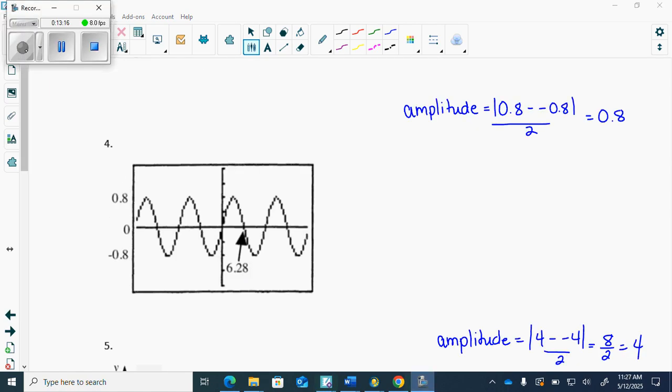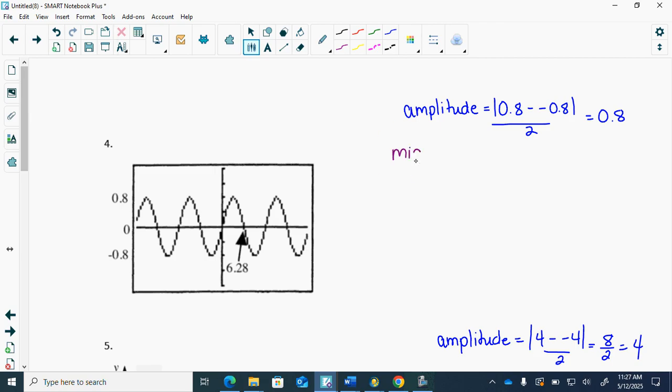All right, midline. Y equals 0.8 plus negative 0.8 divided by 2. So it's 0. And it's y equals 0 when the graph is symmetrical, correct? Same amount above, same amount below. That's where you get your midline of y equals 0.